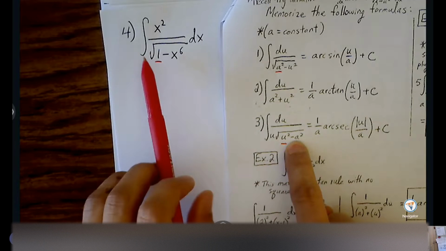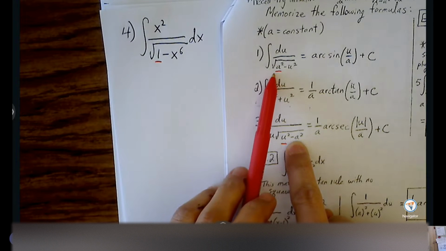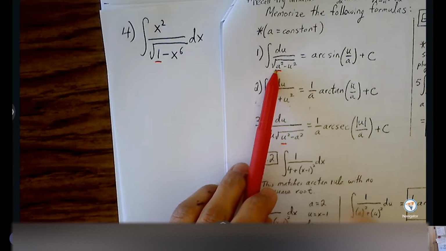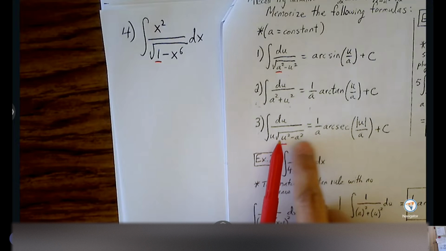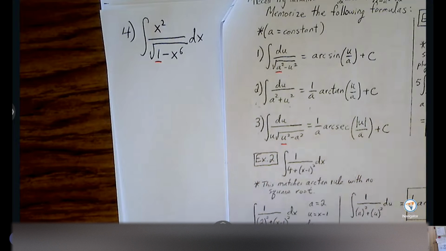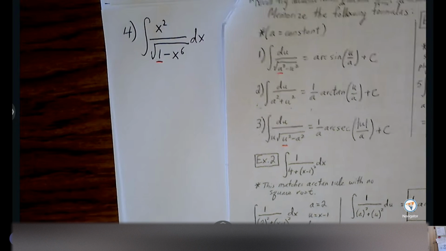So we see that the constant comes first, the a comes first, so that's going to tell us arcsine will be the better fit for our problem. Our a value is the positive, our variable is the negative, versus our secant, where our variable is the positive portion and the constant is the negative portion. So we know that we're targeting arcsine.